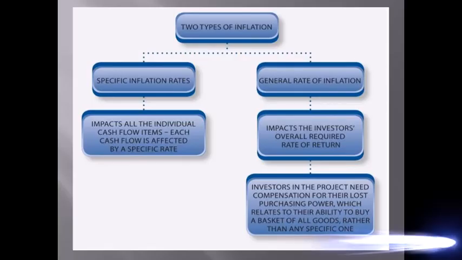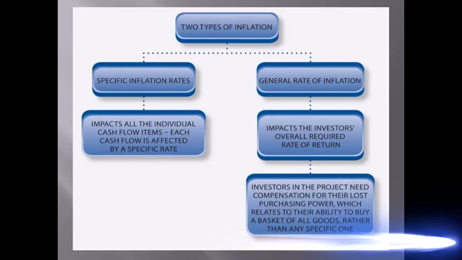So let us look at two types of inflation. We have a specific inflation rate and a general rate of inflation. If in a country there is a specific inflation rate, it impacts all individuals' cash flow items; each cash flow is affected by a specific rate. The general rate of inflation impacts investors over a required rate of return.